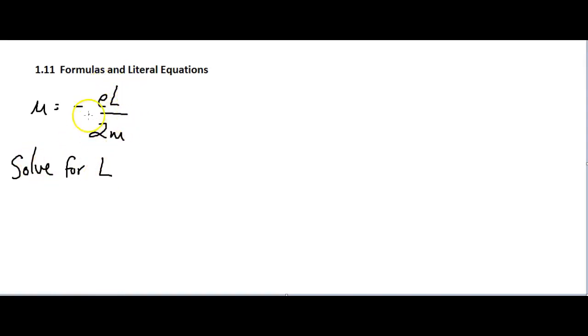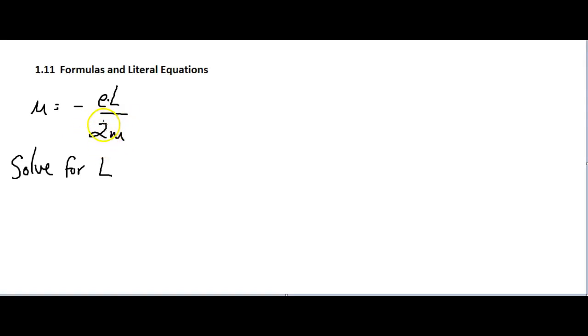So if you look at what's happening to L, L is being multiplied by E, and we can even think of it as being multiplied by negative E, and then that product is being divided by 2m. So if we want to isolate L, we'd like to reverse this, okay? So the last thing that I said was happening to L was that it's divided by 2m. So that's the first thing I should probably do, is reverse this.